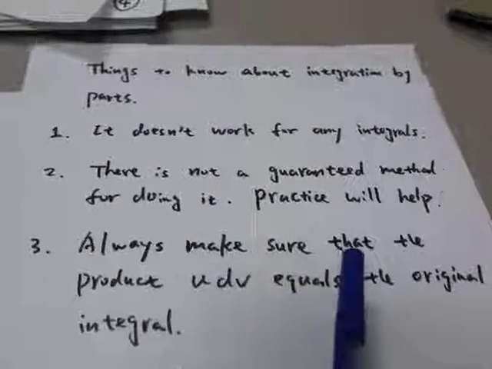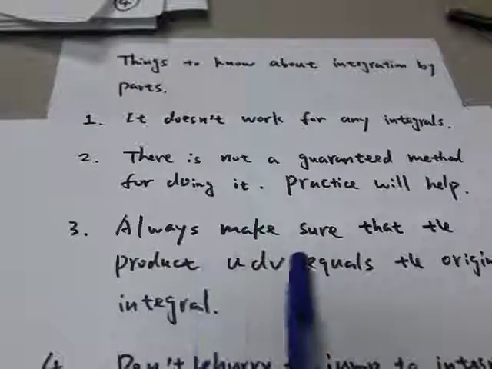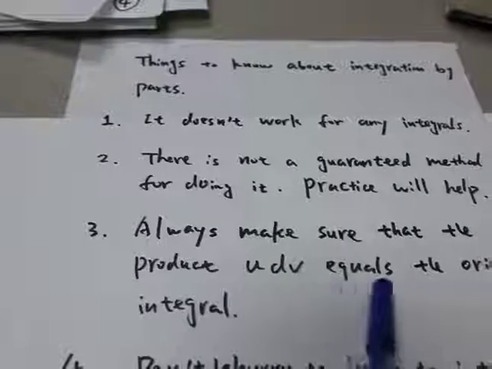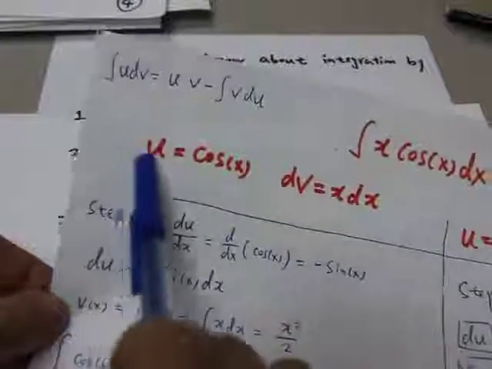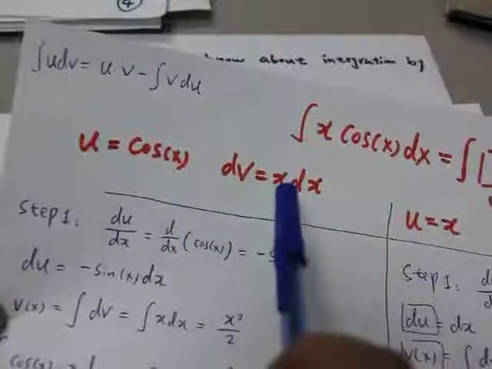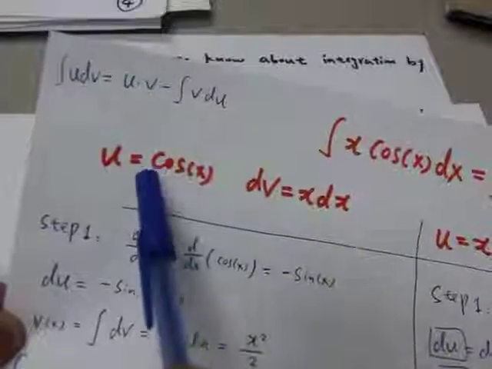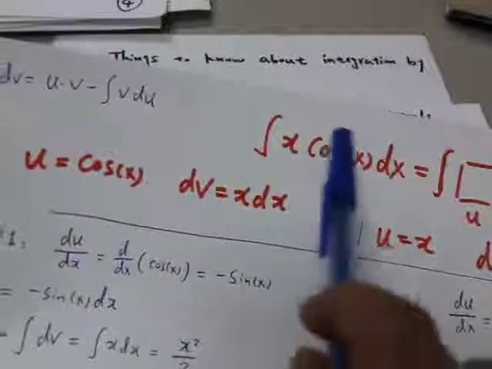Okay, and the third thing is, remember, always make sure that the product u dv equals the original integral. Like here, once you determine your u and dv, no matter if this choice is right or wrong, no matter if it will work or not, at least you have to make sure the product of them is equal to the original integral, right?